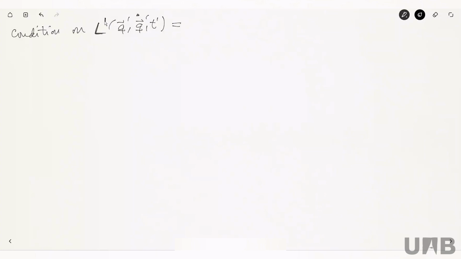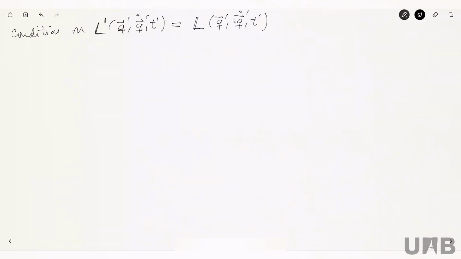I mean, one possibility is that L prime equals L. This is obvious, right? So if L prime equals L, then this is going to be true for sure, right? If L prime equals L, then the integral of L is going to give me the same as S in the new variables, right? So this is true.